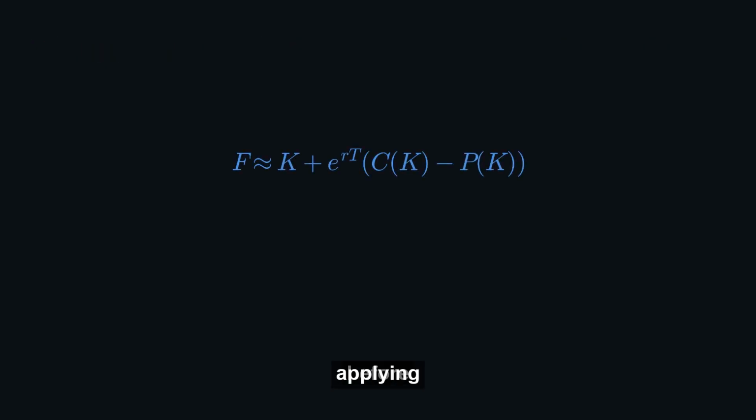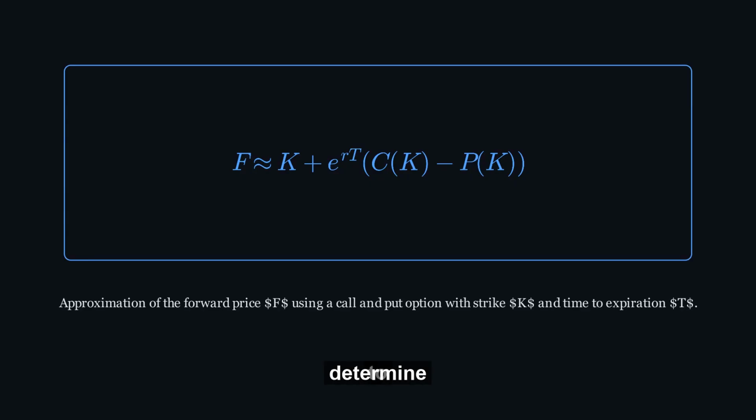A crucial step before applying the interpolation and summation is to determine the forward price, $F. This is not simply the current spot price of the underlying asset. Instead, it's derived from the options market itself, specifically using the prices of out-of-the-money calls and puts. The forward price is the strike $K at which the absolute difference between the call price and the put price, both with the same strike and expiration, is minimized.